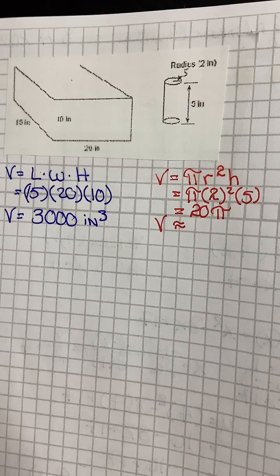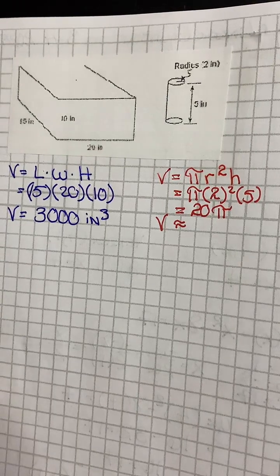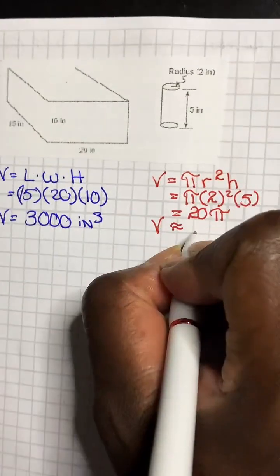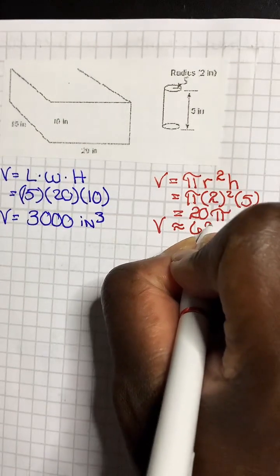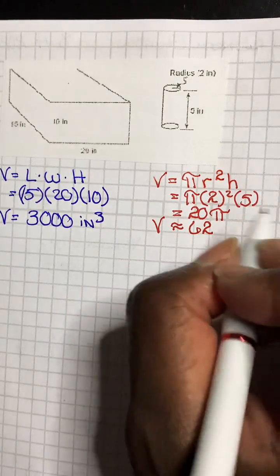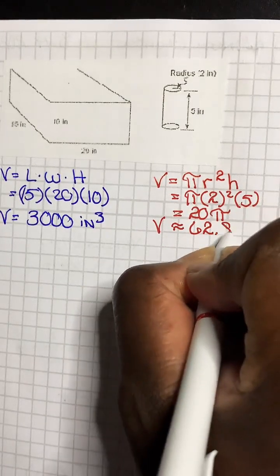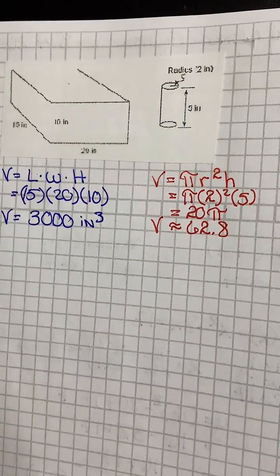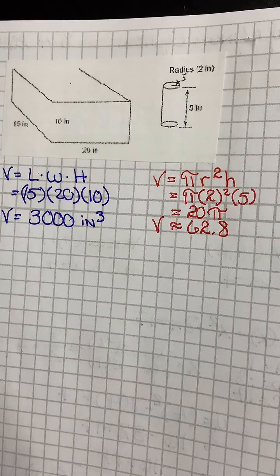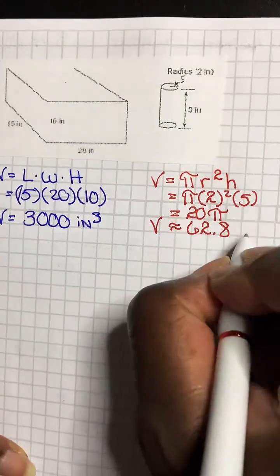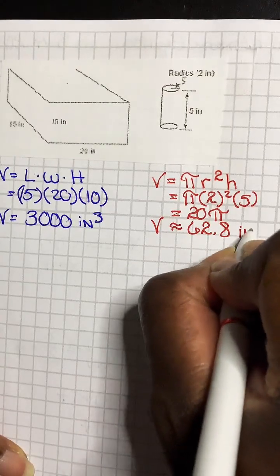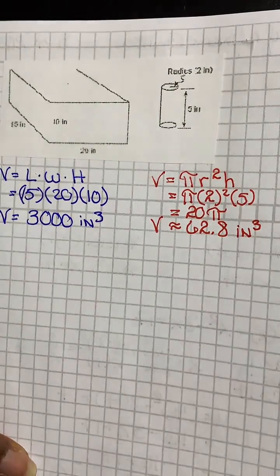What would it be as a decimal rounded to the tenths position? Not tens, but tenths with the TH at the end. Okay. So could we say 62.83? There we go. Thank you. And then this will be our cubic inches.